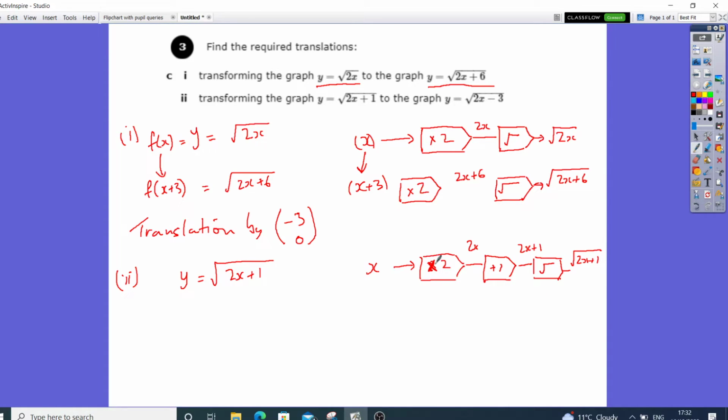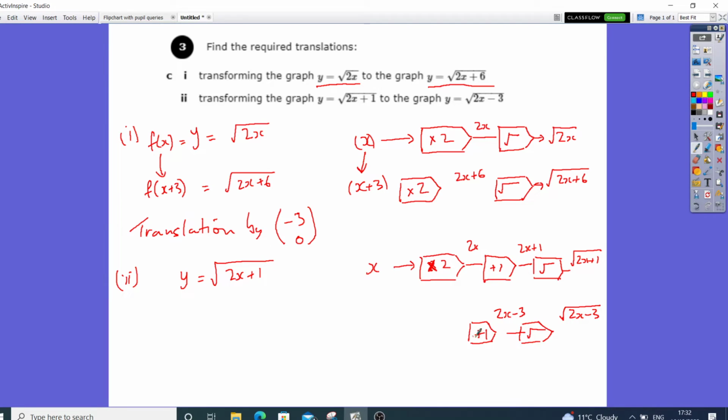Now we want this process to chuck out root 2x minus 3. You're still going to square root, so the last machine is not going to change. However, for the machine where you add 1, what that needs to be is something that, when you add 1 to it, comes out as 2x minus 3.